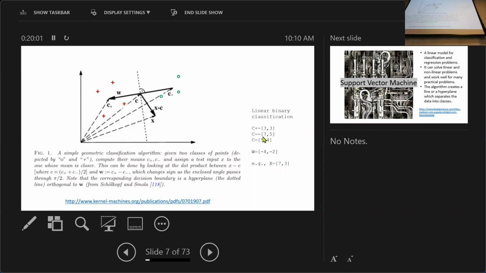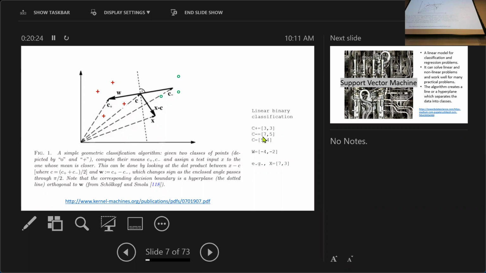What you can do is look at the vectors, so this is the data. How can you set up a classifier? Just use linear algebra operations to assign it to one of them.